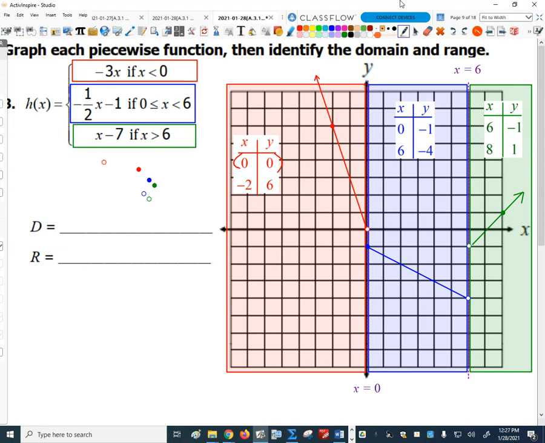No, you're right, it's not greater than or equal to, but only the 6 would be open, because think of all the X values that are included in the green domain. Every X value greater than 6 would be solid because those are included. Only the endpoints could ever be open. See what I'm saying? Okay. All right. So now what about the domain? Domain's going to be orange.